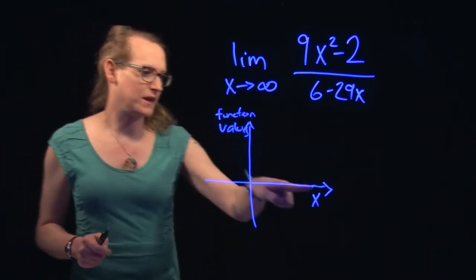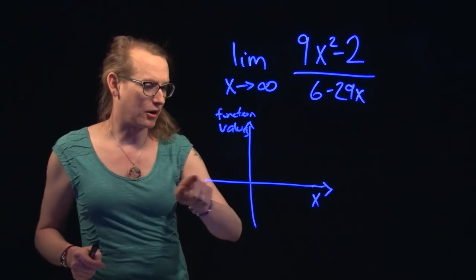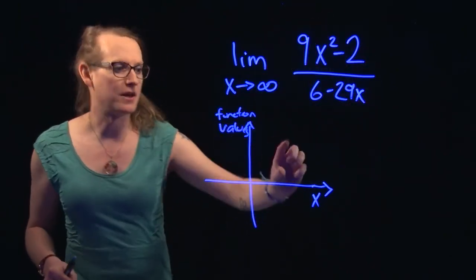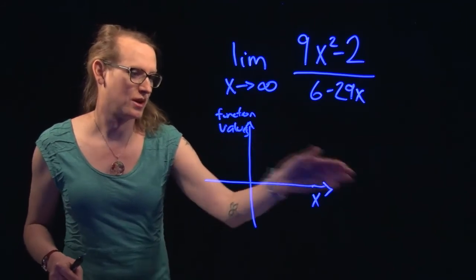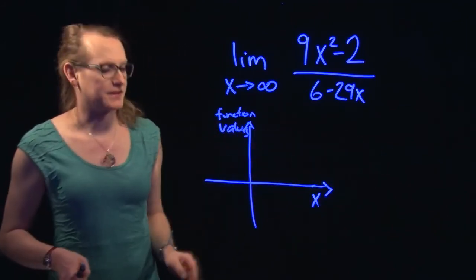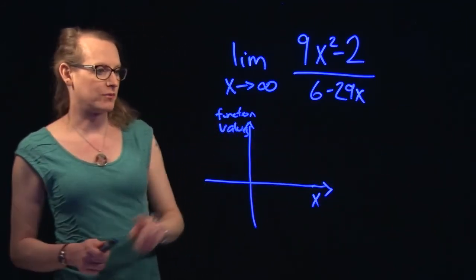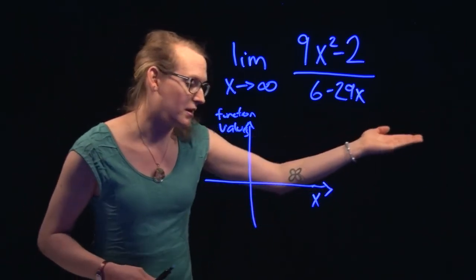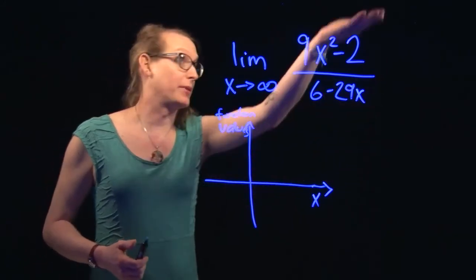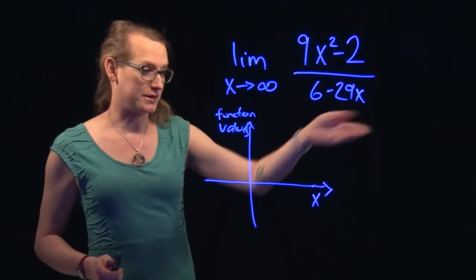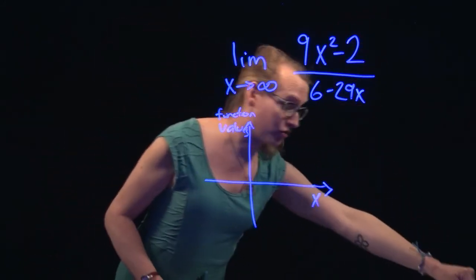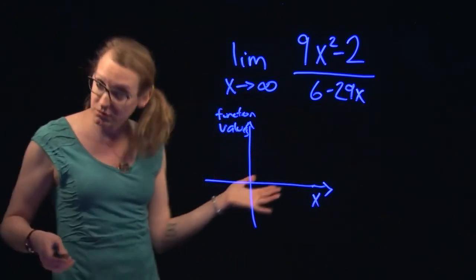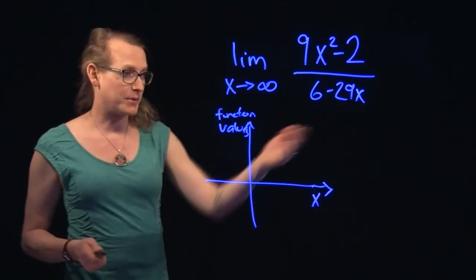As we feed values from along here through this function, it returns to us a number, and that number is the height of my function across the x-axis. And we just want to see, well, what does the height turn into as we go that way forever? Is it going to get bigger and bigger and bigger? Is it going to go down into the ground over there and go toward minus infinity? Does it approach some value as x gets bigger and bigger and bigger?